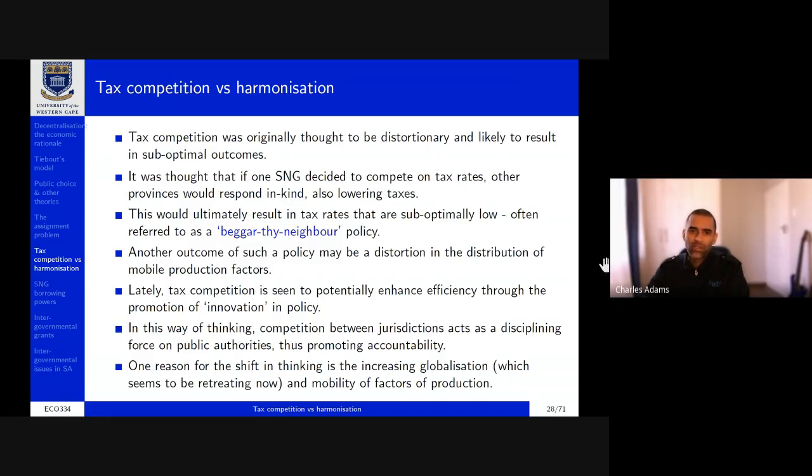It was thought that if one subnational government decided to compete on tax rates, other provinces may respond in kind, also lowering taxes, right? And this gives rise to this idea of the beggar-thy-neighbor policy. And we're talking about it in the context of within state, within country, but we see this play out in the international sphere as well, right?